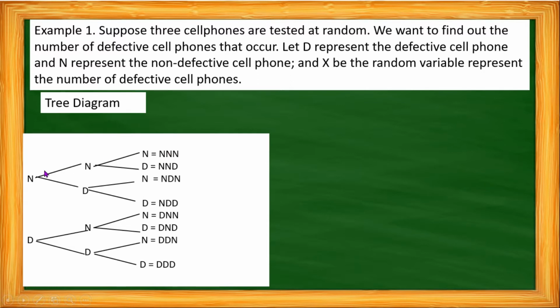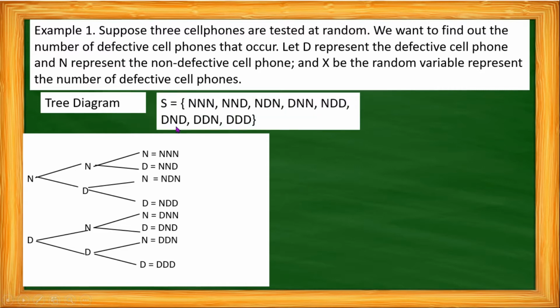So therefore, our first outcome is N, N, N. Then the second outcome N, N, D. Then the third N, D, N. The fourth N, D, D. The fifth D, N, N. The sixth D, N, D. The seventh D, D, N. And the eighth D, D, D. So therefore, we write this result in a sample space.